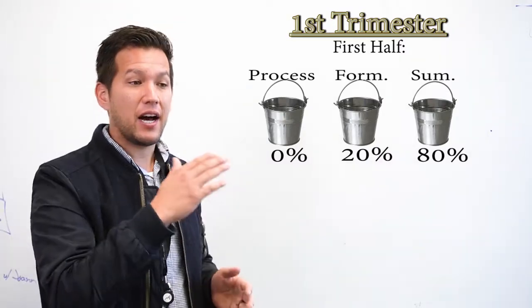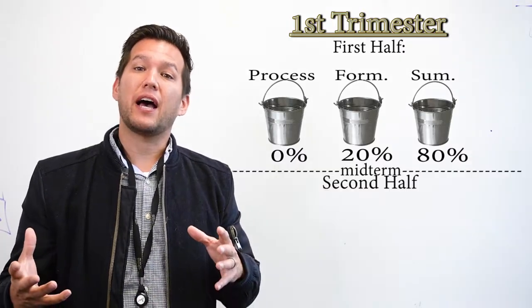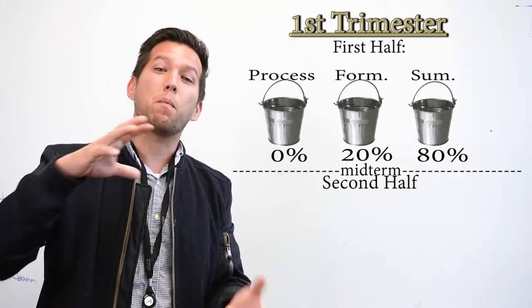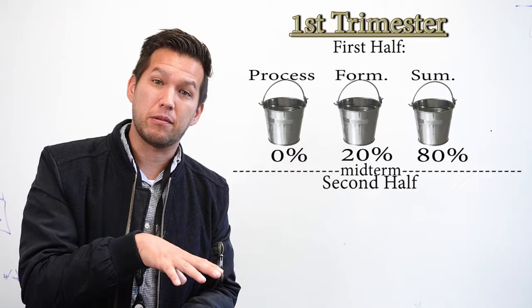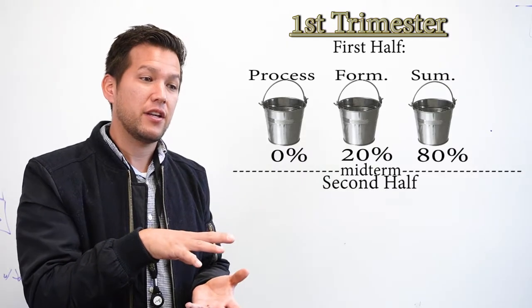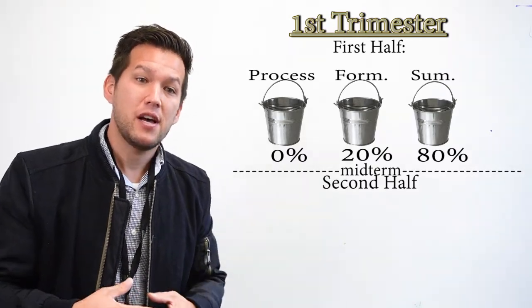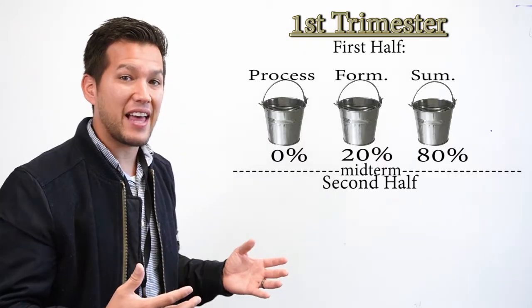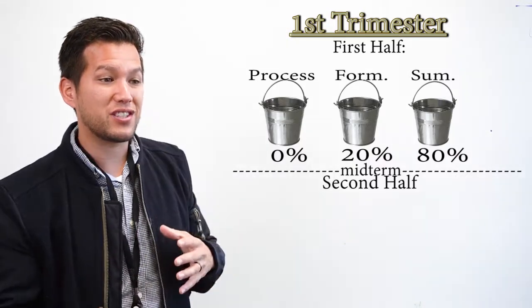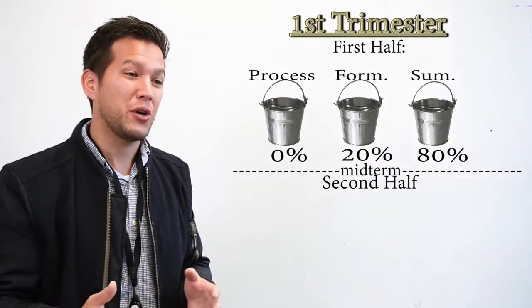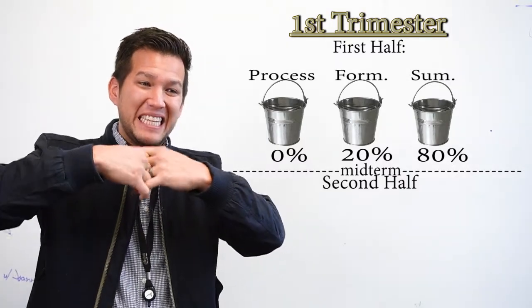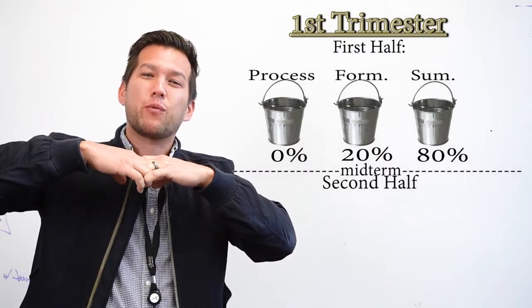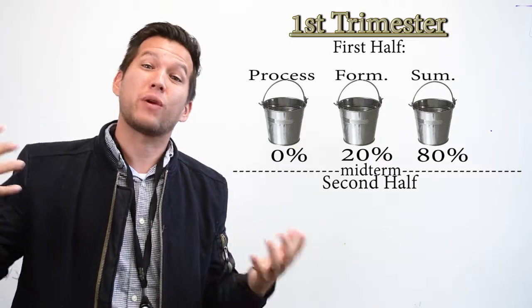Then we hit midterm, and we announced that we're going to be switching to a points-based grading system, and that has some implications. One of the implications is that as we move to the second half of the first trimester, there are some things that were linked between the two halves that we can't quite divorce right yet.